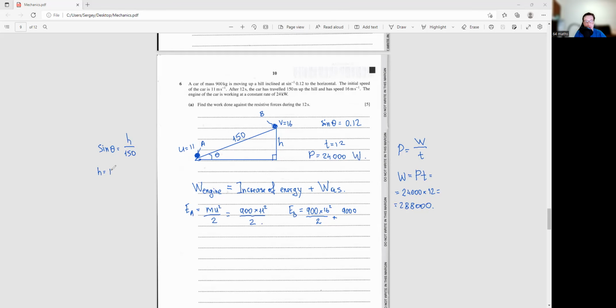And to find the height, I will have to multiply 150 by sine theta. So it's 150 times 0.12, 18.